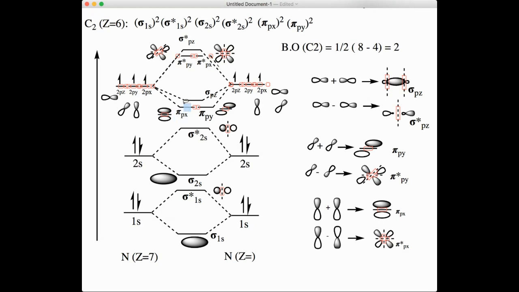Of the 3 bonding, 2 are pi and 1 is sigma because of the orientation: pi bonding, sigma bonding, PZ. And from the 3 anti-bonding, 2 are pi and 1 is sigma for the same reasons, because I am combining X with X, Y with Y, and Z with Z. And the orientation of the p orbitals, which are like this, will result in sigma bonding and sigma antibonding. So 3 bonding, 3 antibonding, 2 pi 1 sigma, 2 pi 1 sigma.